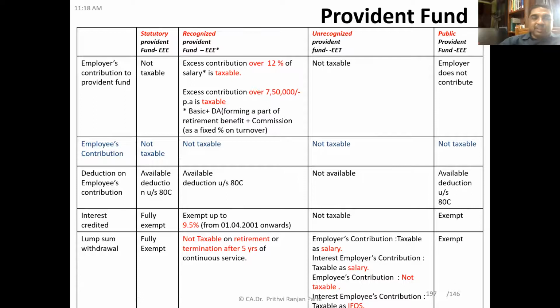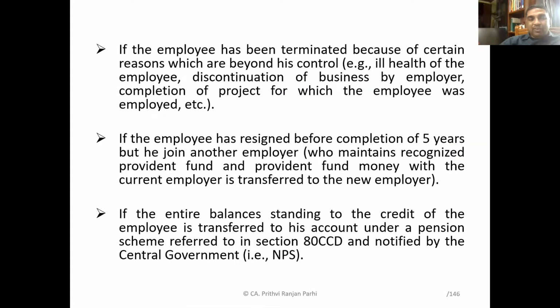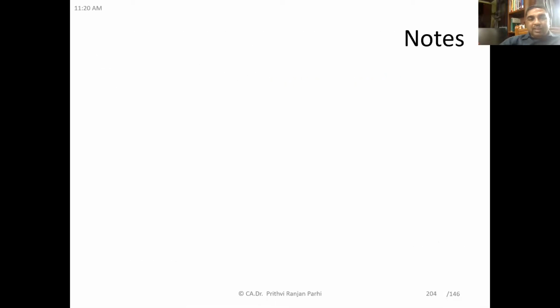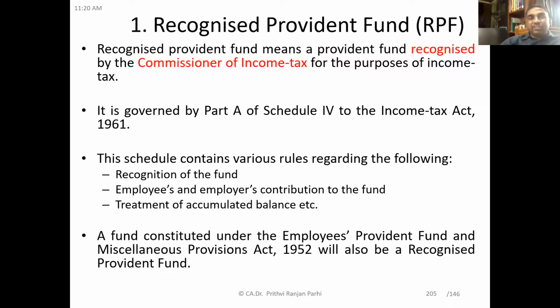Before learning the treatment, let me first tell you what a recognized provident fund is. It is a provident fund recognized by the Commissioner of Income Tax for the purpose of income tax, governed by Part A of Schedule 4 of the Income Tax Act 1961. This schedule contains various rules relating to recognition of the fund, employees' and employers' contributions, and treatment of accumulated balances.